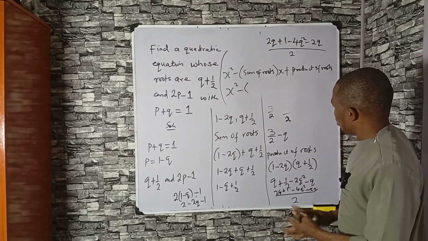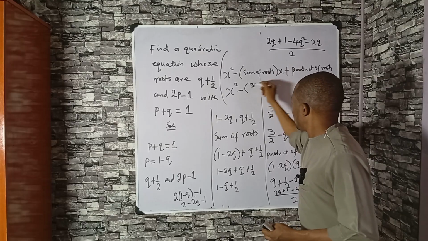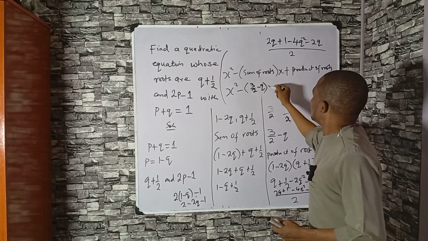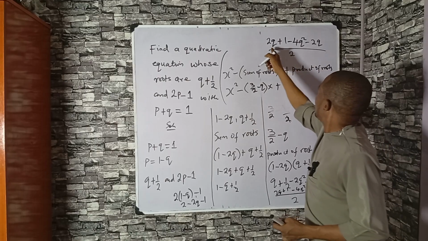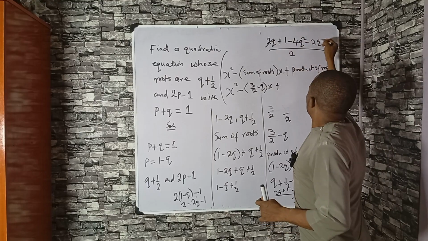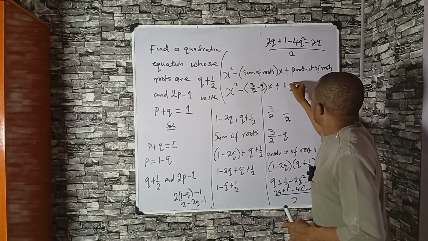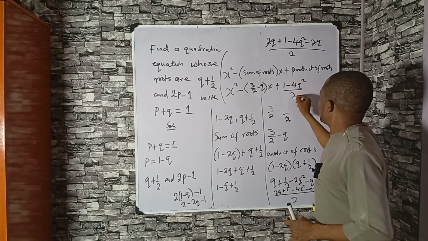Our sum of roots when you add is this, 3 divided by 2 minus Q, times x. Product of roots is this. But if you check closely, 2Q minus 2Q, this will go. So we have 1 minus 4Q squared divided by 2.